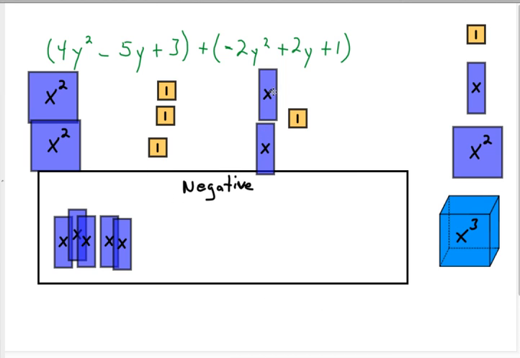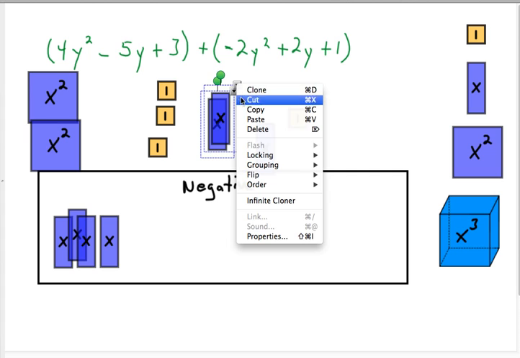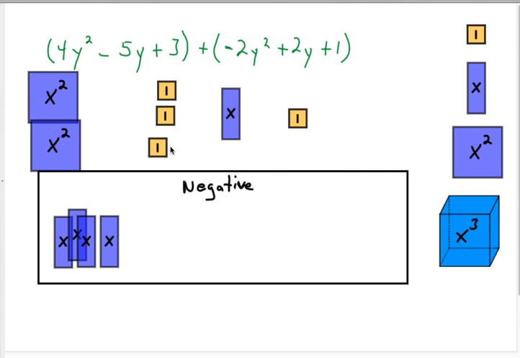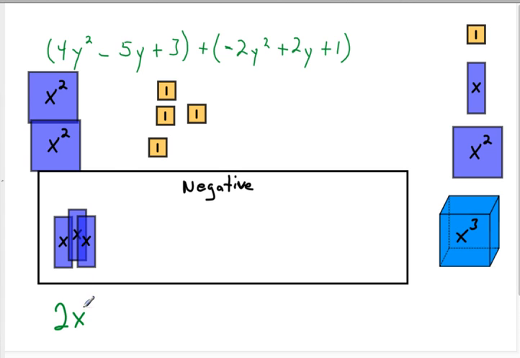A positive x and a negative x, and they're going to go away. And same thing, positive x, negative x. Let's get rid of them, leaving us with positive 2x squared. These three x's are in the negative area, so negative 3x or minus 3x. And then we have positive 4, and so plus 4.